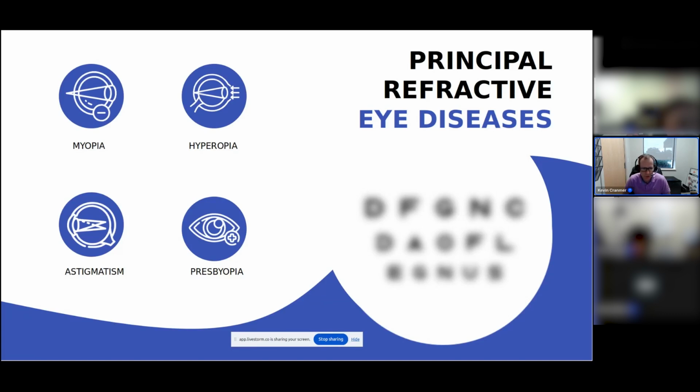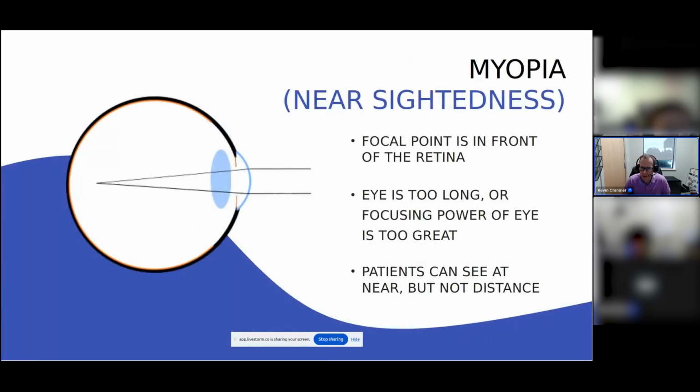Astigmatism, which literally means not point-like. If something is stigmatic, it means that it focuses to a point. Astigmatic means it does not focus to a point. And the last one is presbyopia, which is just that loss of accommodative ability as time goes on and you get older. So let's take a look at these individually.